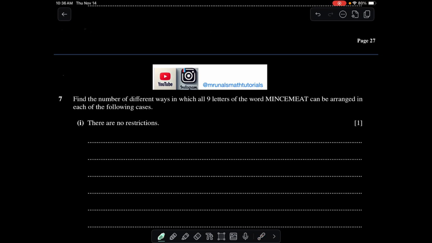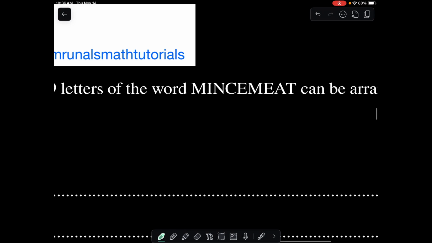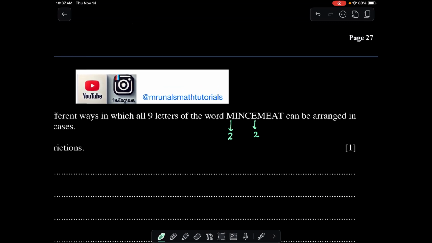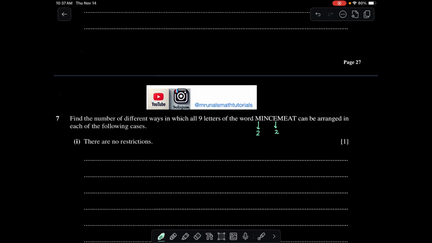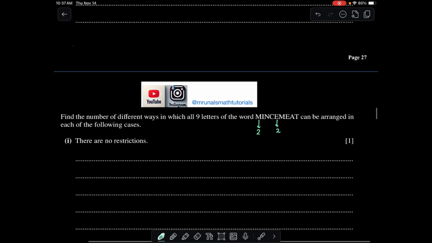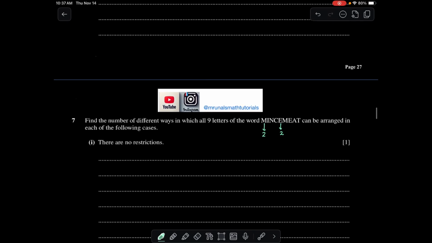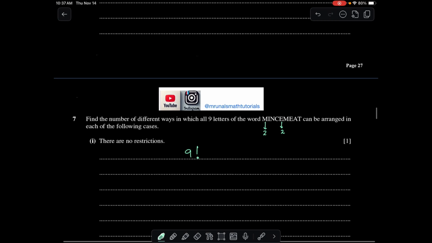So if you look at the word mincemeat, okay, we can see that there are 2 M's and there are 2 E's, right? So these are repeating. So when you find the total arrangements, of course, because there are 9 letters to arrange, we can say that the total arrangement is 9 factorial.